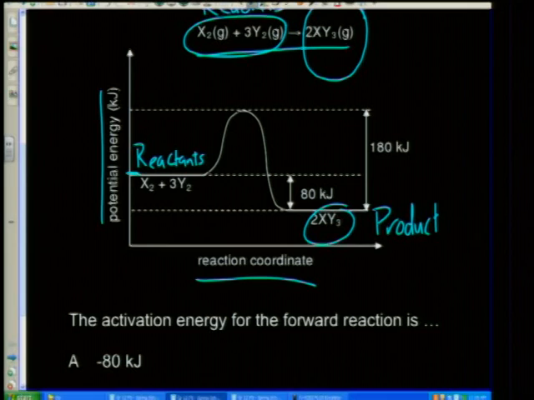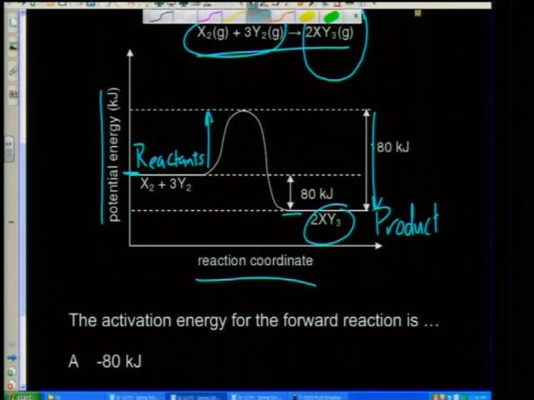Now, have a look at what it's saying to us. It's clearly indicating that the energy of the reactants over here is higher than the energy of the product. So more energy is released than what was put in. That was the energy that was put in. We know that that's got a special name.